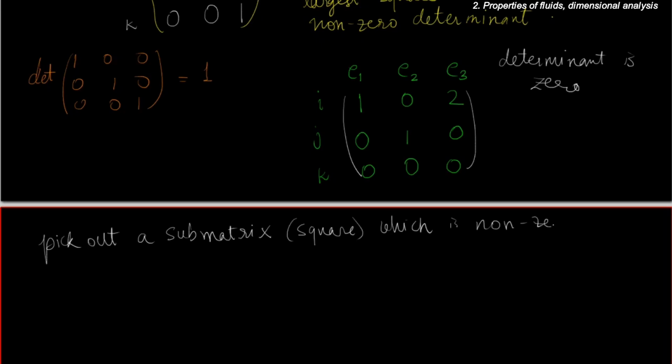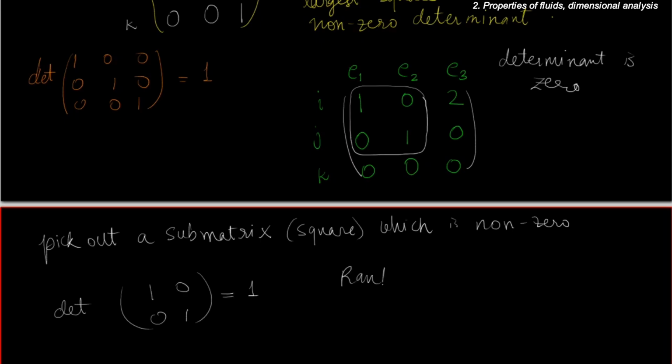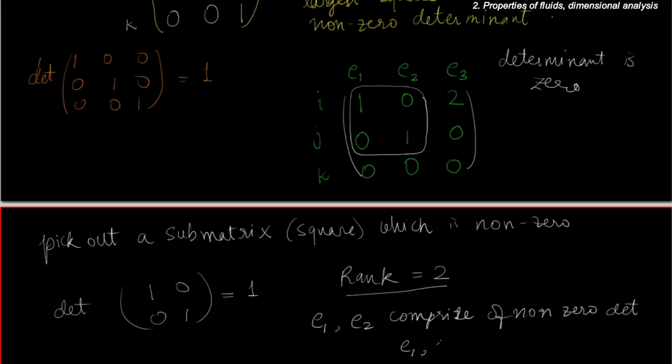So the next smallest submatrix which is square and non-zero is going to be the one that I have marked. The determinant of [[1,0],[0,1]] is 1, meaning that the rank is 2. So if I consider e1, e2 and e3, the choice of e1 and e2 is good enough for me to construct e3.